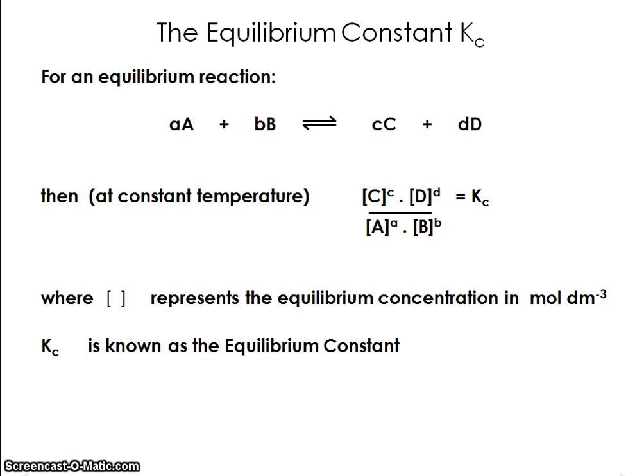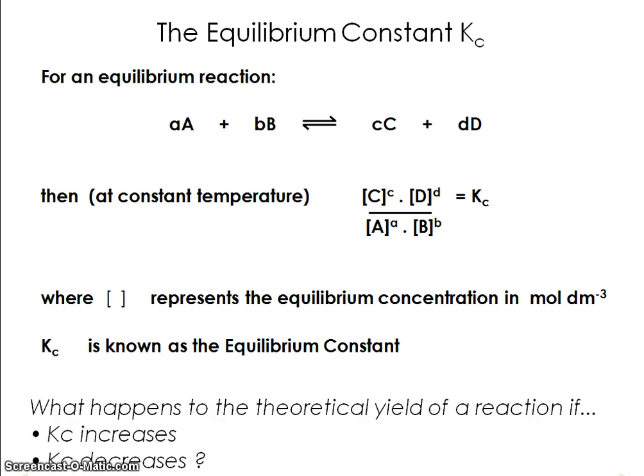So what this means is that you've got the concentrations of the reactants and products raised to the power of the number that represents how many moles are reacting in the equation. And those square brackets represent the equilibrium concentration in moles per decimeter cubed. So this is our expression for the equilibrium constant.